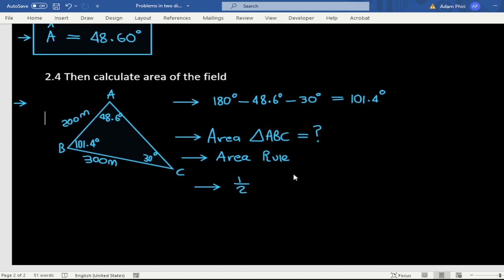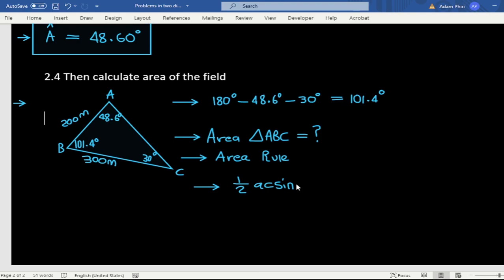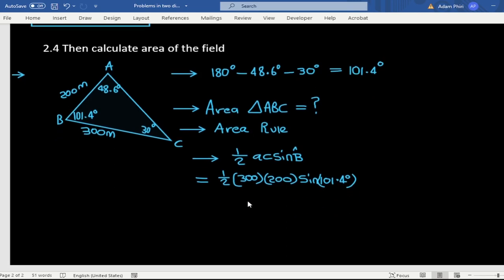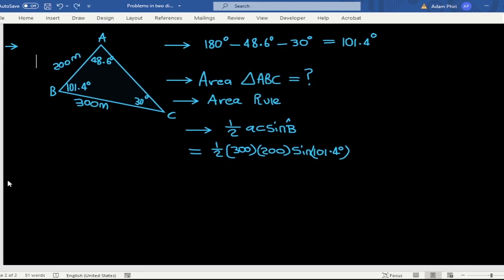So it's going to be half, looking at the two sides, half AC sine B, sine of angle B. Our A is 300 meters, our B is 200 meters, and angle B is 101.4 degrees, so sine 101.4 degrees.